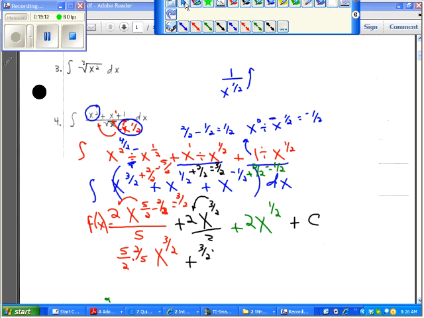We're going to have 3 halves times 2 thirds. Reduce the exponent by 1, which leaves us with a half. So x to the half. And then plus exponent times coefficient, x reduced by 1 gives us negative 1/2.